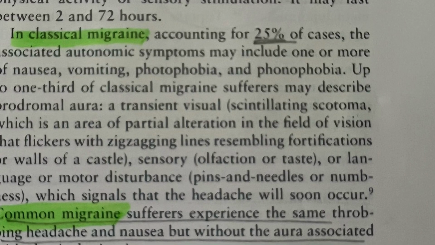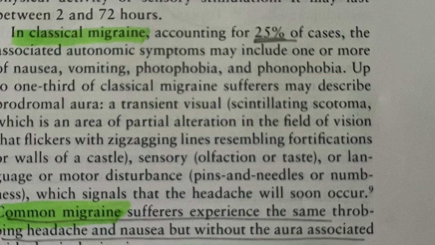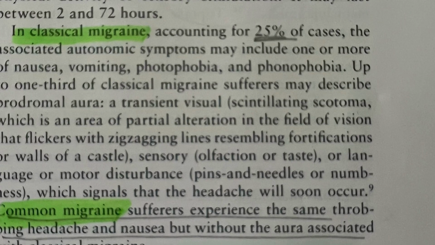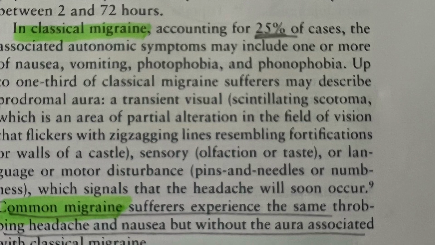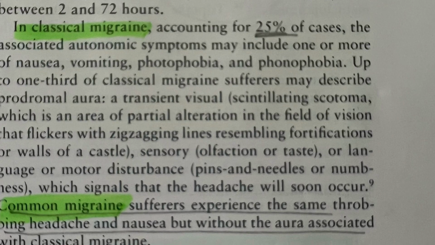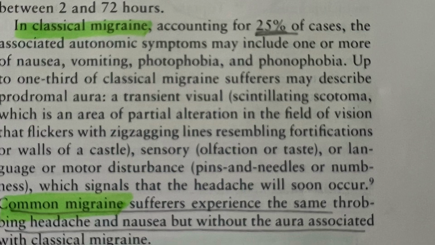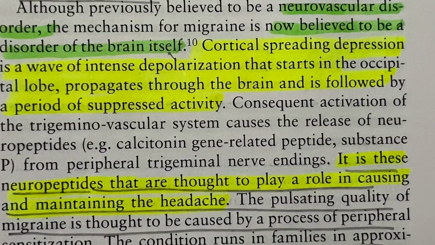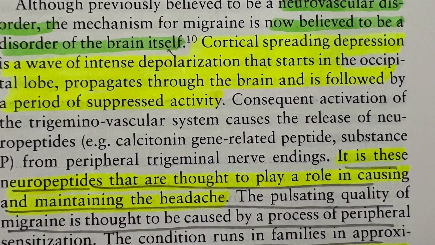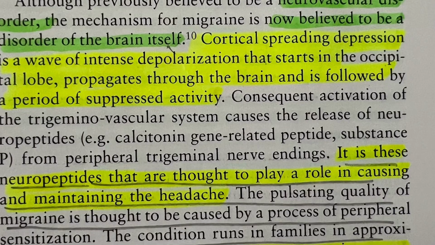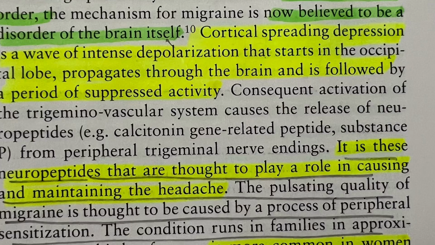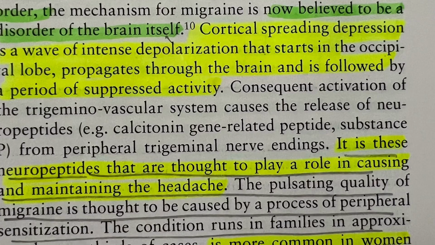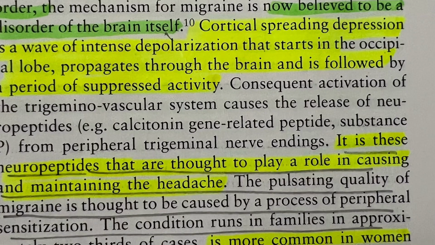In common migraine, the sufferer experiences the same throbbing pain, nausea, phonophobia, and photophobia, but there are no prodromal symptoms and there is no autonomic dysfunction. Migraine was previously thought to be a disorder of the neurovascular system, but nowadays it is considered a disorder of the brain itself, in which a cortical spreading depression wave is present.